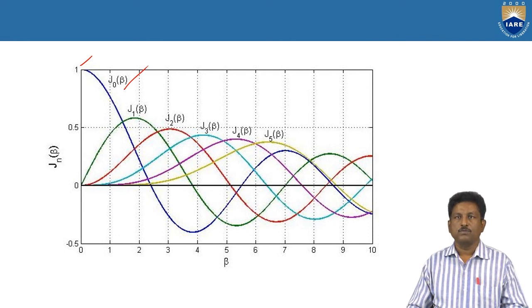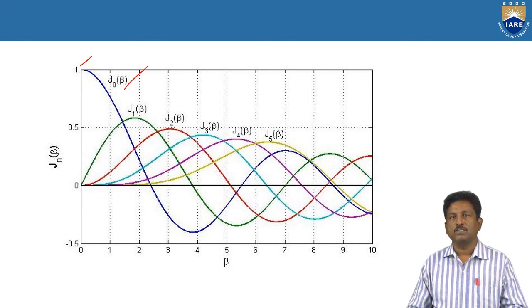So you can compare both narrowband and wideband. In the case of narrowband, the beta value is less than 1. The bandwidth requirement for narrowband is similar to AM bandwidth. In both cases we have two sidebands, the upper sideband as well as the lower sideband, so the bandwidth requirement is 2fm only.